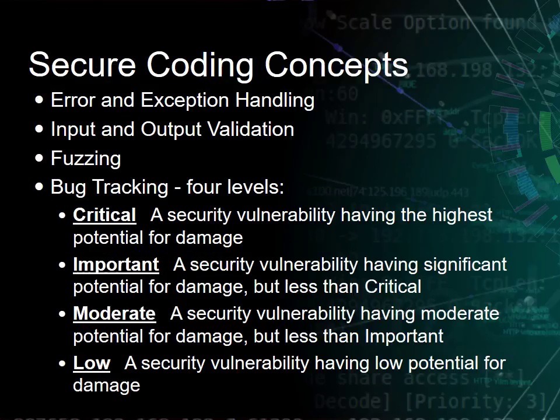With error and exception handling, every application will encounter errors and exceptions, and these need to be handled in a secure manner. One attack methodology includes forcing errors to move an application from normal operation to exception handling. During an exception, it is common practice to report the condition, including supporting information such as data that resulted in the error.